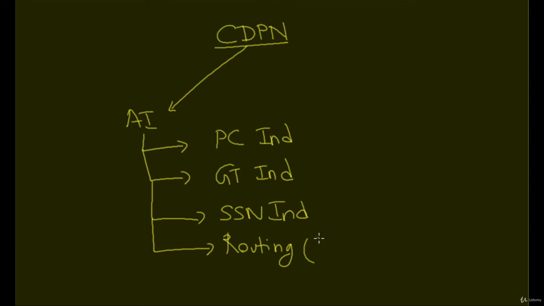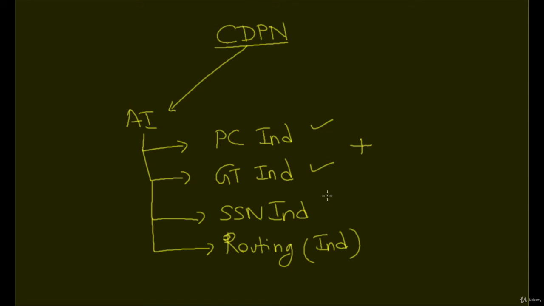Okay, so that's the routing indicator. And with all these information, the appropriate routing happens in the network. Like we studied in the global title section that the routing can happen based on either the point code or the global title, or using both. Okay, and this protocol basically supports all these three.